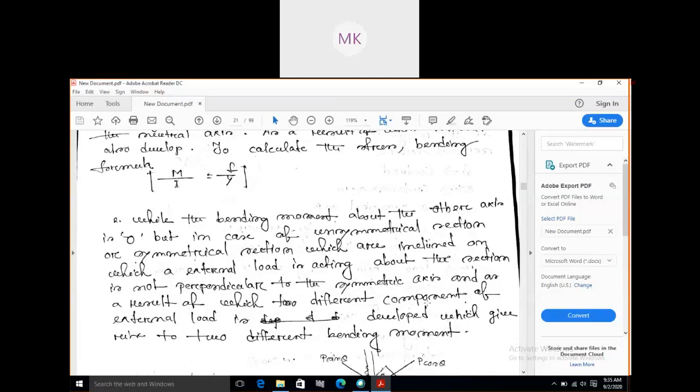I think all of you know the force resolution. By that we will get two components.